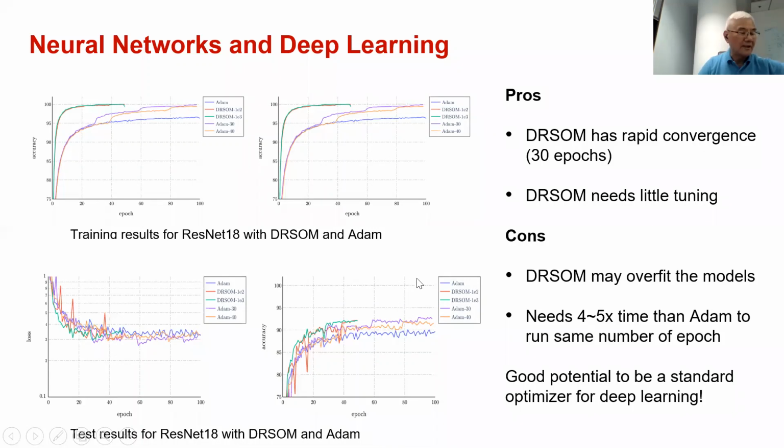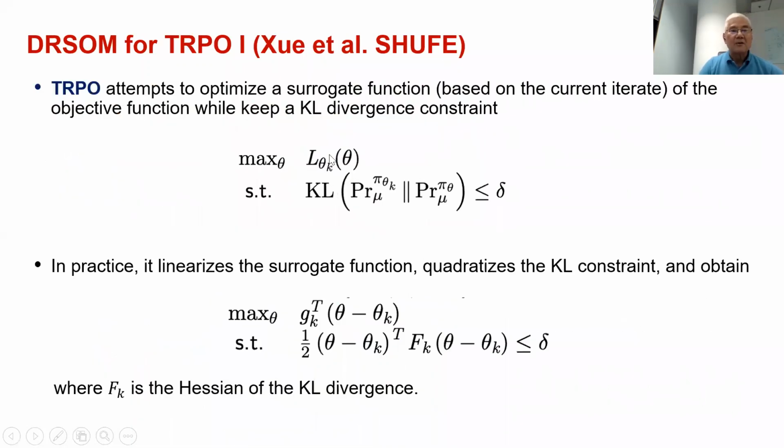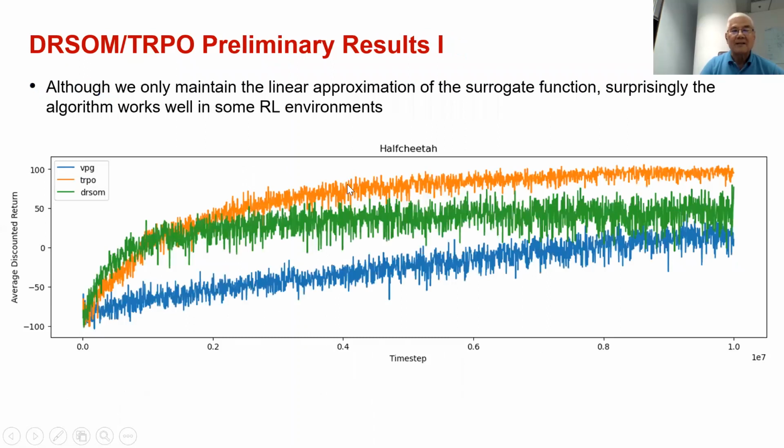I'm running out of time, so we also applied this to a policy iteration method for reinforcement learning using neural networks. They typically apply some trust region method or steepest descent method. This just shows you DR-Tseng.